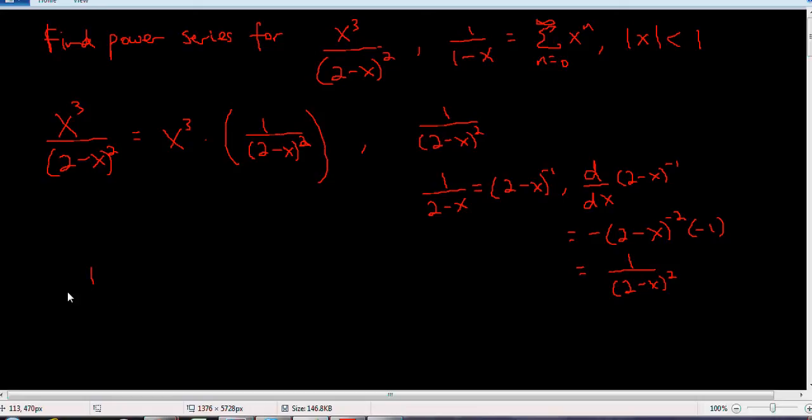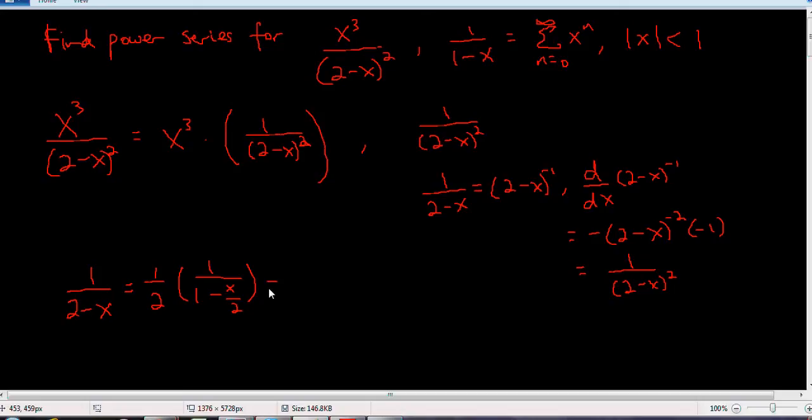So let's see what we're going to get. I take 1 over 2 minus x, and I want to get it into the form up here. So the 2 is not a 1, so I factor out the 2, like this. 1/2 times 1 over 1 minus, and of course everything in math has to work out, this becomes x over 2. Hey, what do you know? 1 over 1 minus x over 2 is in the form of 1 over 1 minus x, except x is now x over 2.